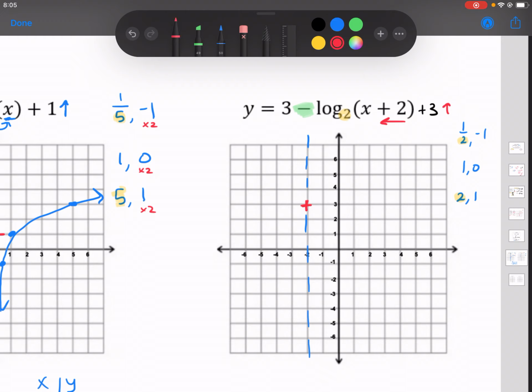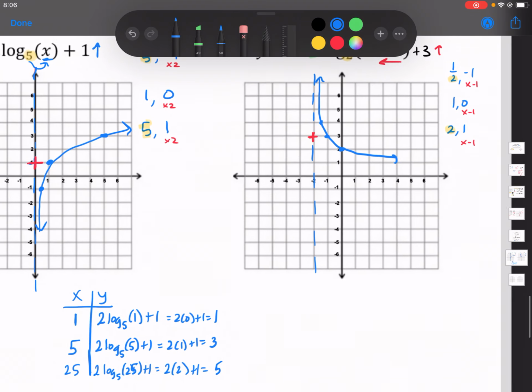So that tells me I'm going to multiply, it's outside, so it affects my y's. So I'll multiply my y values by -1. And so if I were doing key points, I'd go from the cross over 1/2 up 1. From the cross again, I'd just go over 1. And back at the cross, I'd go right 2 down 1. So it would look like this.